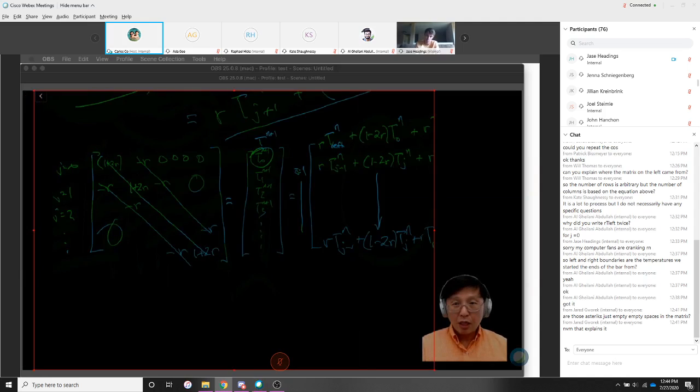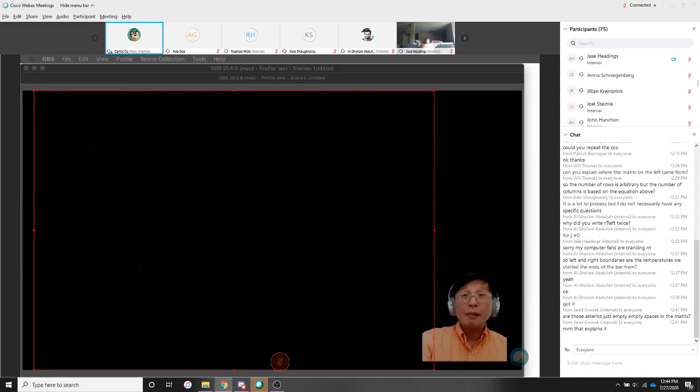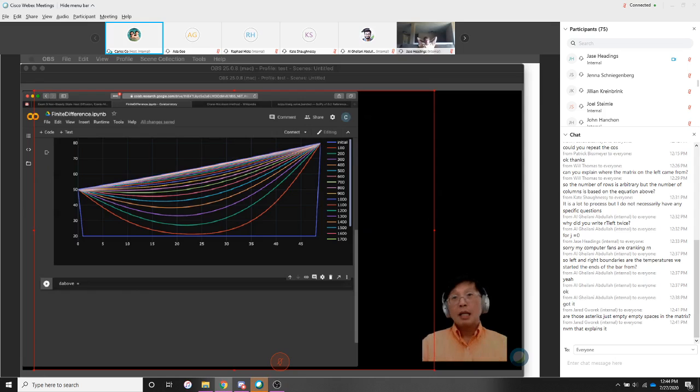If you look here, our diagonal above is just negative R. Our diagonal below is just negative R. So it's going to be a 0 followed by negative R, and this one here is going to be a negative R followed by a 0. And everything along the main diagonal is just 1 plus 2R. That's it.